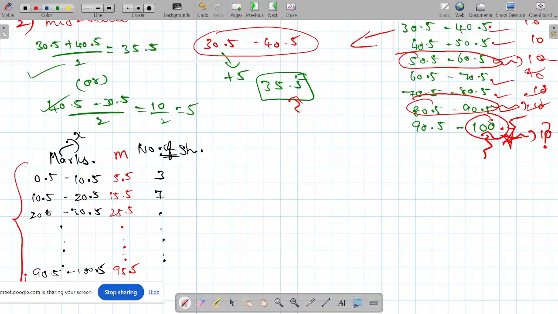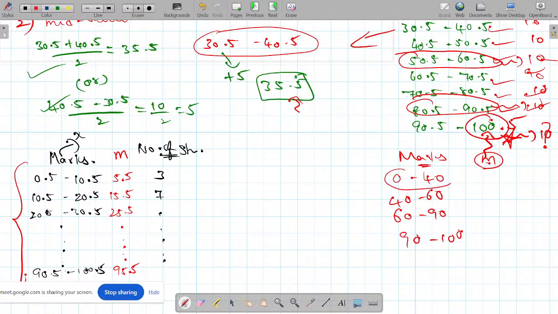Instead, if it is given as 0 to 40, 40 to 60, 60 to 90, and 90 to 100, if these are the class intervals given, what would be a mid value? What would be a mid value here? It will not be the same. For each and every interval, the mid value will be different. What's the mid value over here?